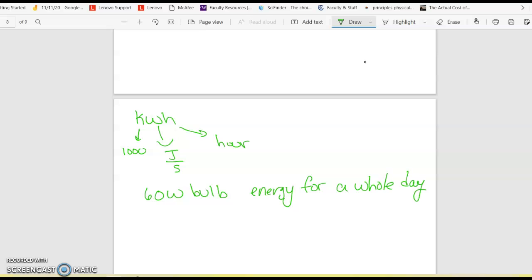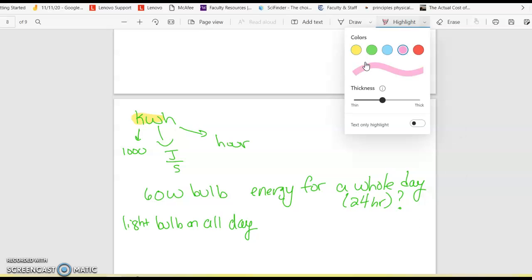Let's do how much energy is used for 24 hours, if I left that light bulb on all day. So we're going to actually break this down. First thing we need to do is turn it into kilowatts. Then we're going to multiply it by the 24 hours.